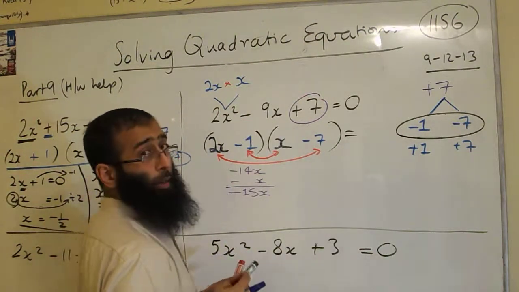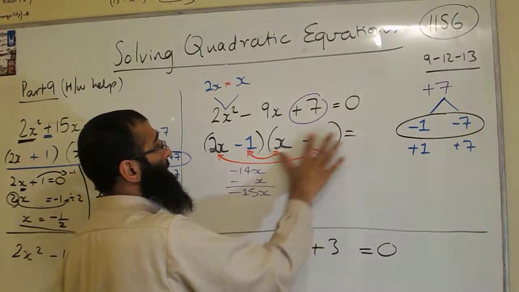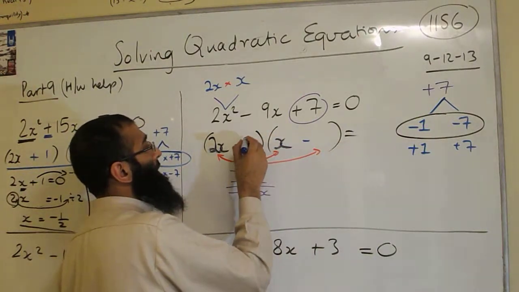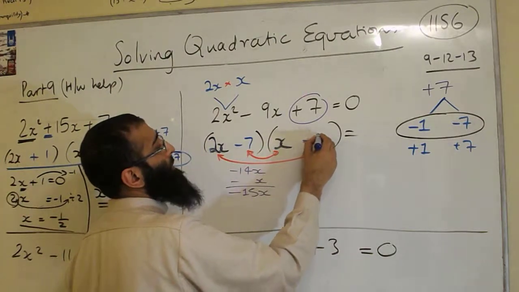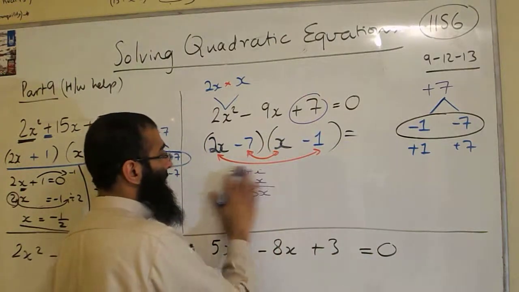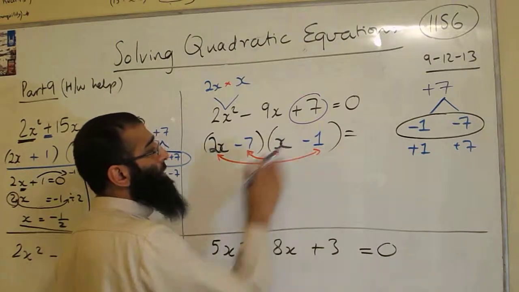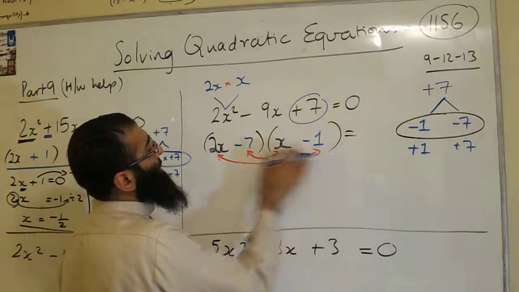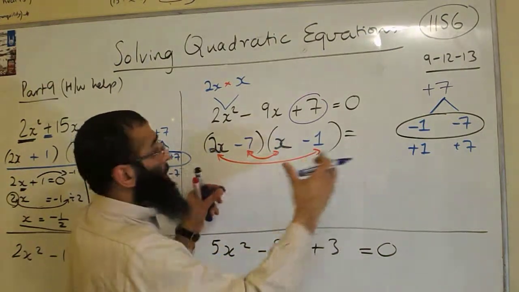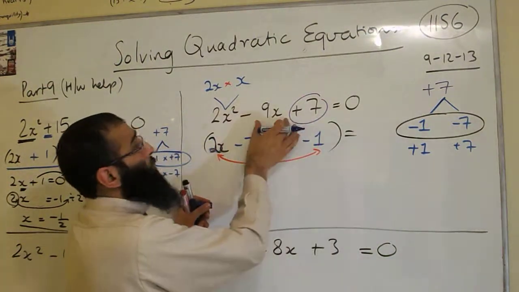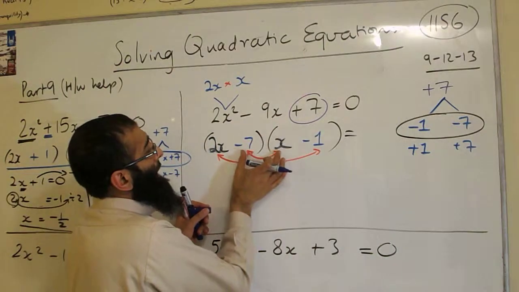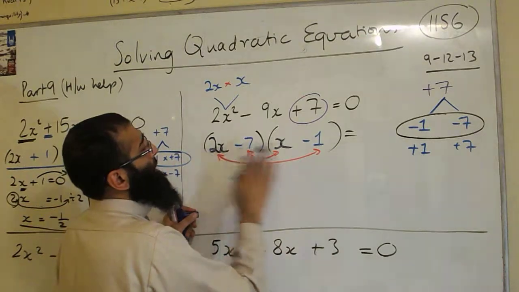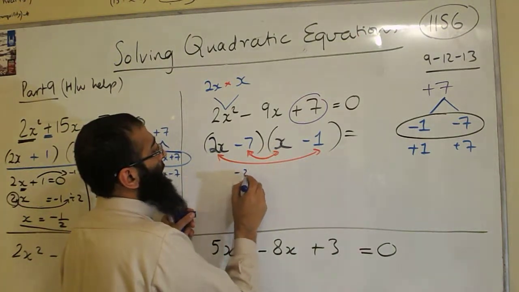So all we need to do is swap them over. Put over here now the minus 7 and the minus 1. And you'll see later on, from experience, you'll know which numbers to put there, because putting a 7 opposite the 2 is going to give you a huge negative number. So we go from minus 7 to minus 14, which is too big. So let's try this situation now. 2x times minus 1 will give you minus 2x.